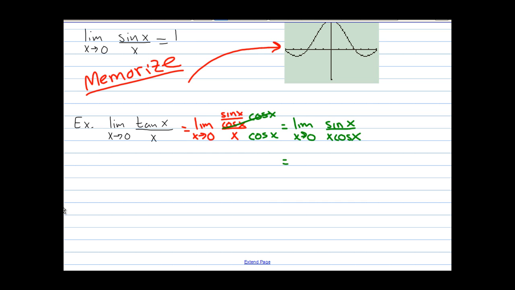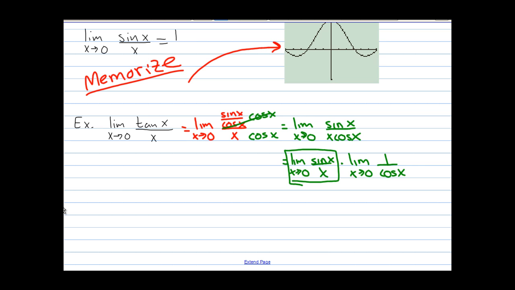Now we can split this up into two limits. The limit as x approaches 0 of sine of x over x times the limit as x approaches 0 of 1 over cosine of x. Now you've been asked to memorize this one right here. This one goes to 1.